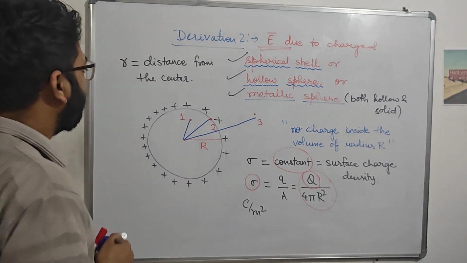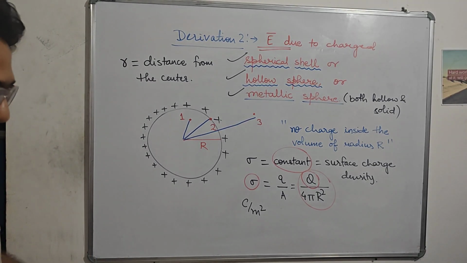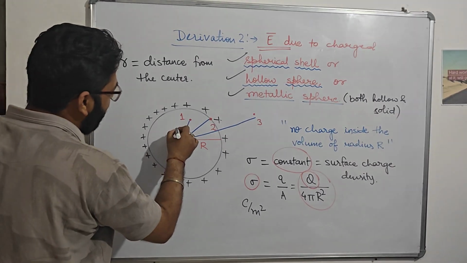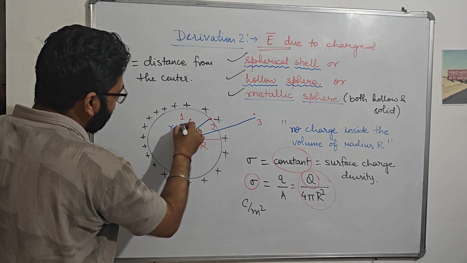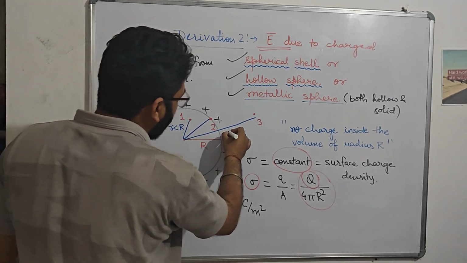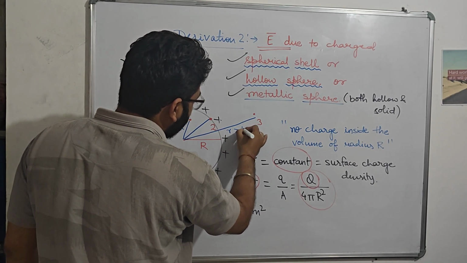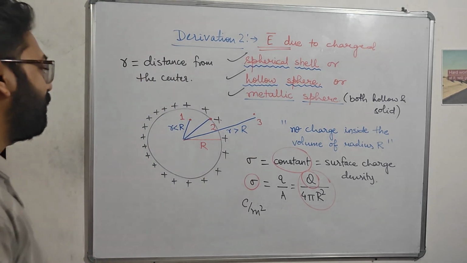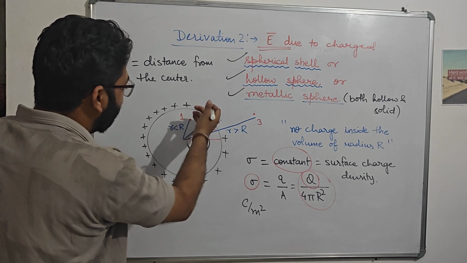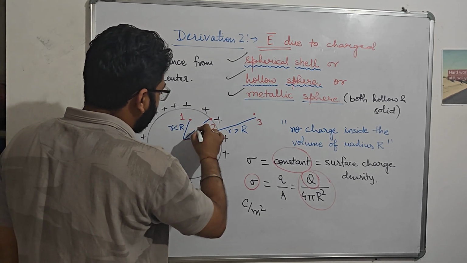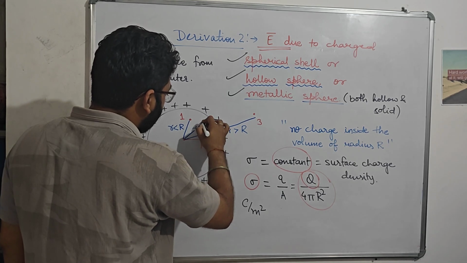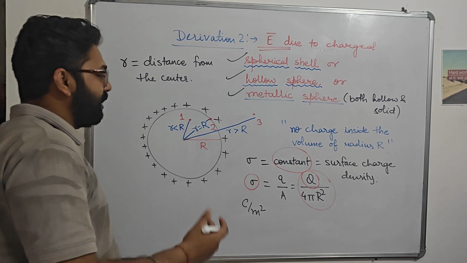Clearly, for case 1, small r will be less than capital R, as you can see here. But for the third point, small r will be greater than capital R. And for point number 2, obviously small r will be equal to capital R.